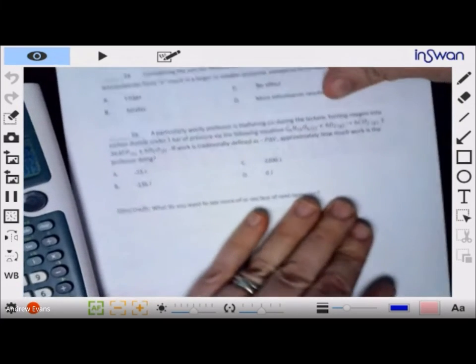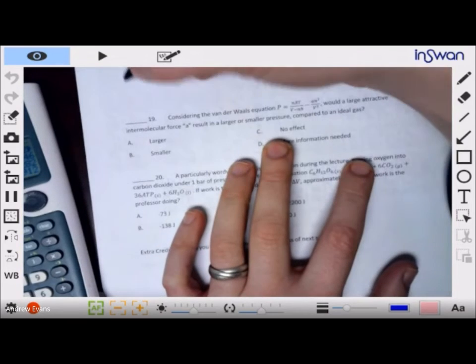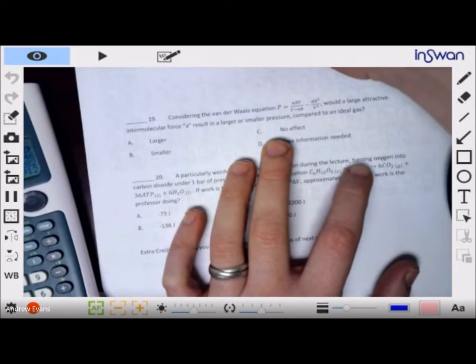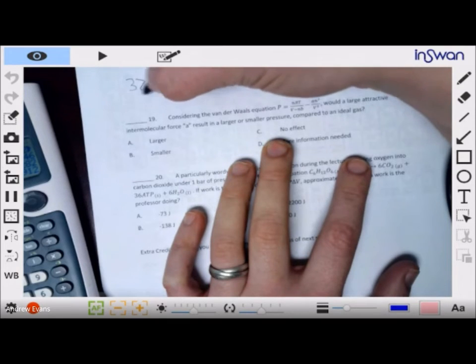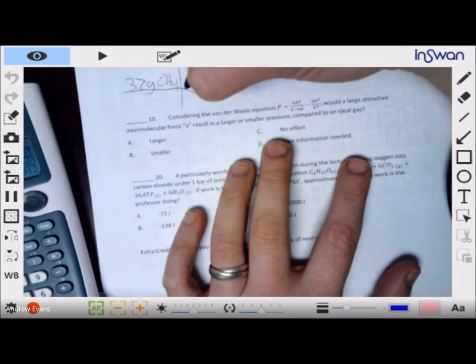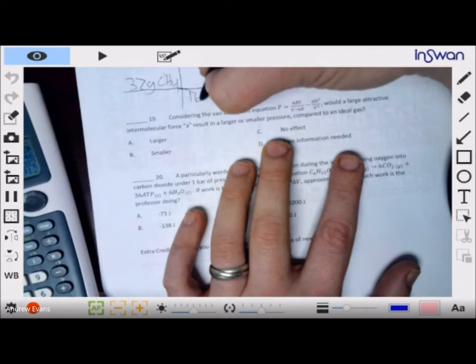Last page. Set up the work for this problem. So literally, no need to actually solve. How many grams of oxygen would be needed to react with 37 grams of methane? 37 grams of CH4. Well, carbon is 12. Each hydrogen is 1, so the molar mass is 16 grams in 1 mole.